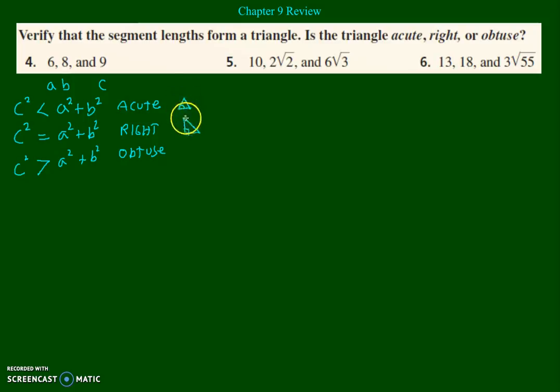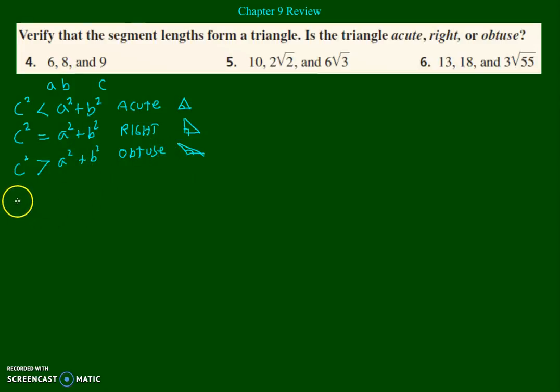And clearly you can see that angle is smaller than the right angle. So this side got shorter, therefore this is going to be an acute triangle. The opposite is also true: if the longest side is greater, then this angle is going to be bigger than a right angle, making the triangle obtuse. So that's the general idea behind the Pythagorean inequalities.